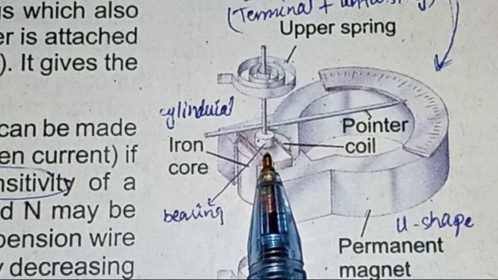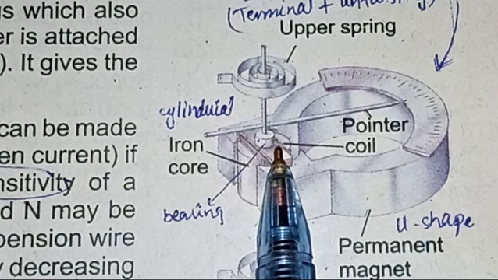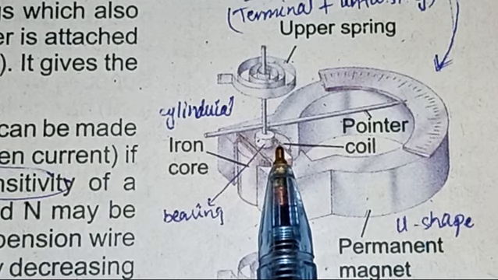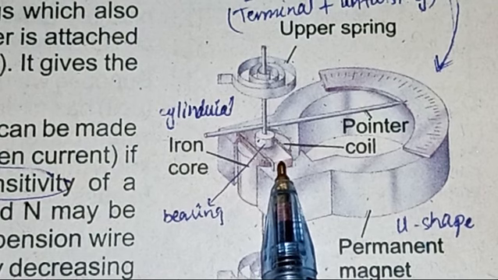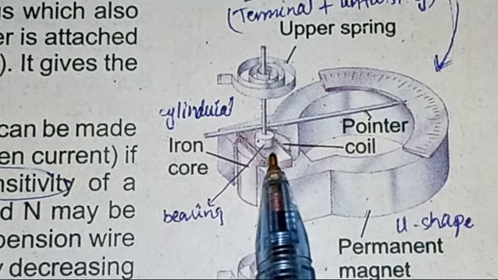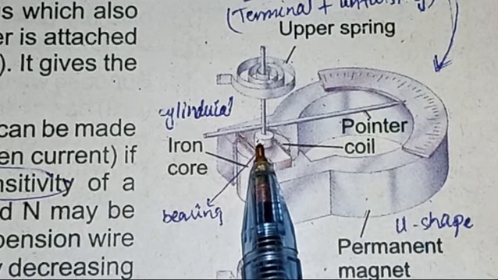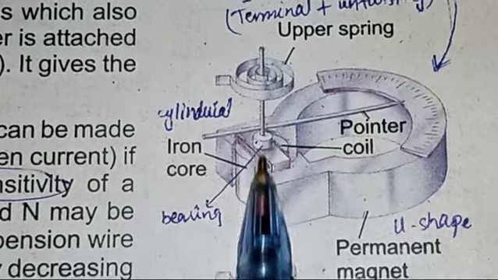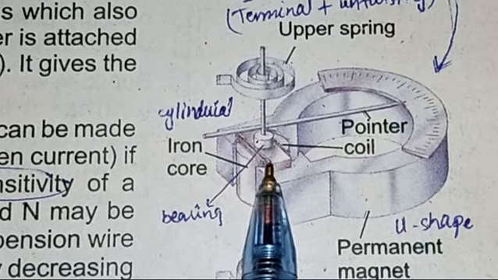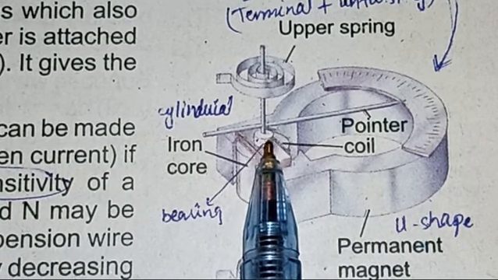We have discussed three things. First, we make the galvanometer more sensitive by making the factor C over BAN small, by increasing the BAN value. Secondly, by increasing the number of turns of the coil. And third, in the case of a suspended coil galvanometer, the number of turns cannot be increased because it will make the coil heavy.